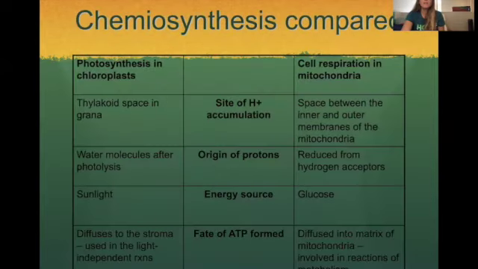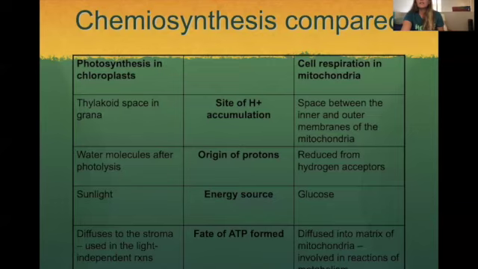Okay, so chemiosynthesis. Chemiosynthesis is the making of a chemical. So in photosynthesis, all of this is occurring in the thylakoid space, whereas in cellular respiration, this is occurring in the mitochondria in the inner and outer membranes. In photosynthesis, the water molecules are where the protons come from.